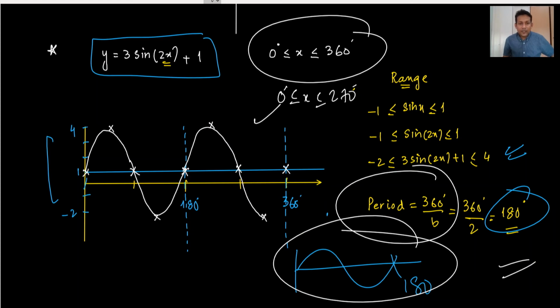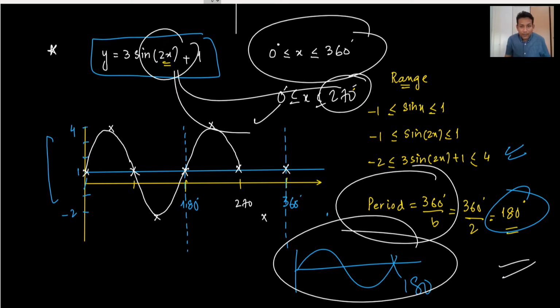Here, 270. That's it. So, sorry, where is 270? This is 270. So your curve will end here. That's it. This is most important, the domain. This domain will not affect the period of sin x, which is fixed.